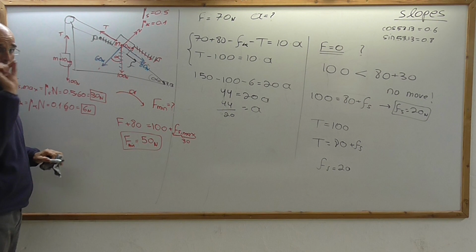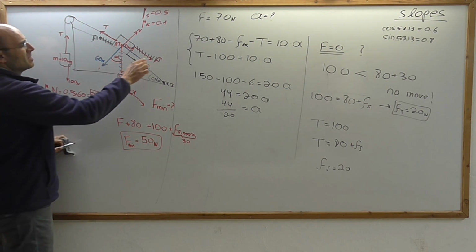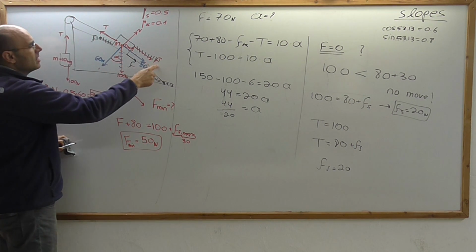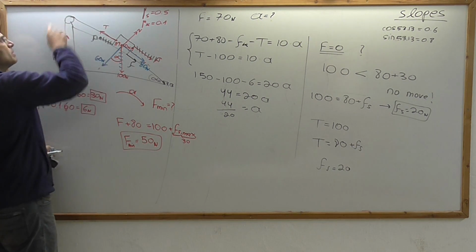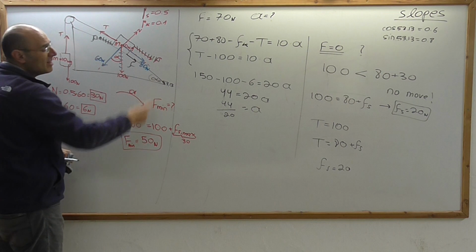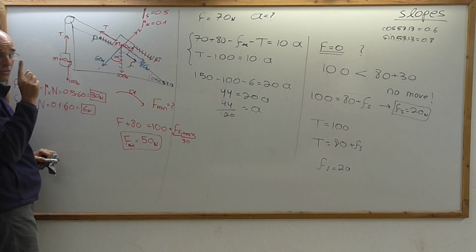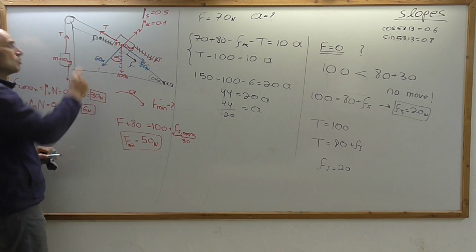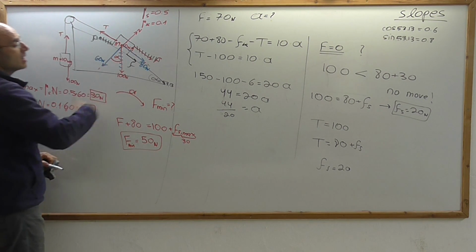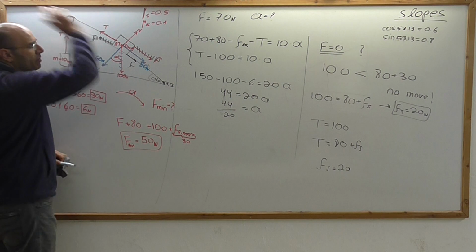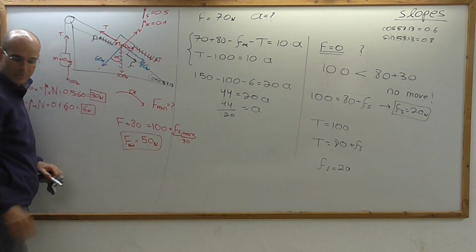One other thing, very important: from 0 to 20 it will not move, but the tendency to move will be this way. From 20 to 50 it won't move either, but the tendency to move will be that way, because these forces will be bigger than that one. And above 50 it will move that way, it will accelerate.